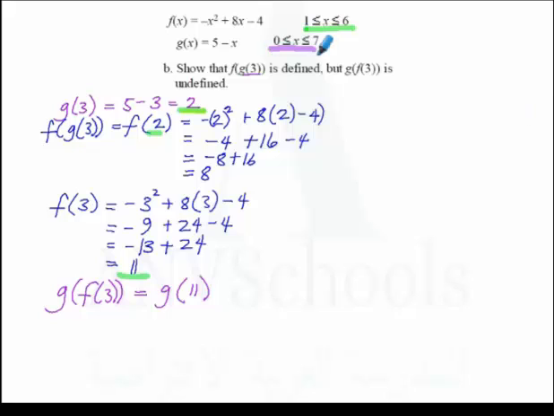The restricted domain for g of x is from 0 to 7 only. So our 11 here is not included. Therefore, g of f of 3 is undefined or does not exist.